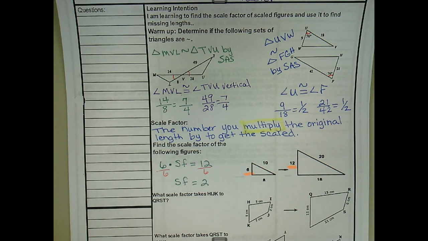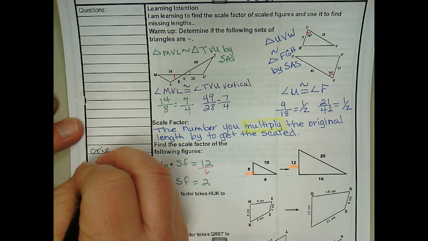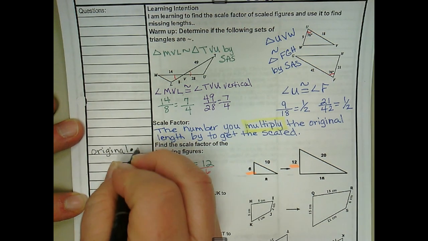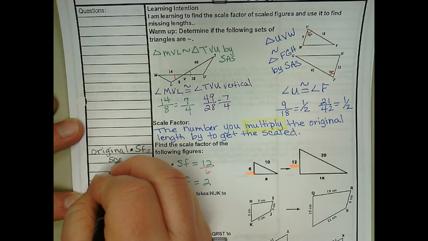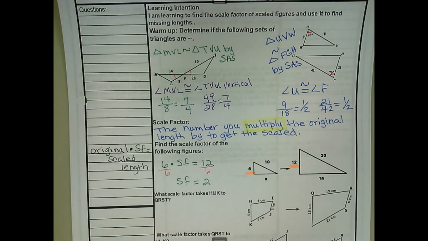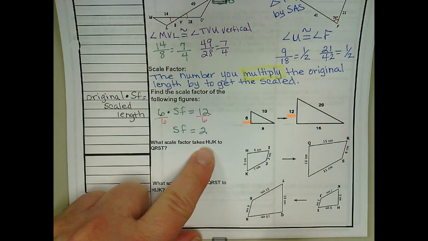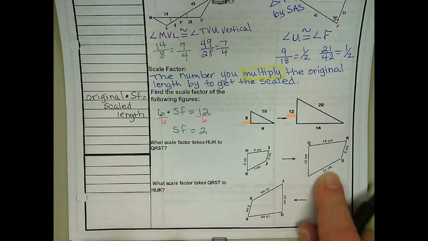So if you want to set it up so you can remember it, the original times your scale factor equals your scaled one. You're always multiplying. Okay, what scale factor takes HIJK to QRST?